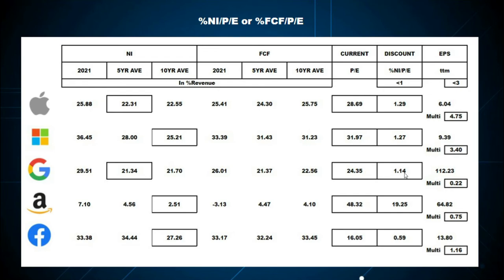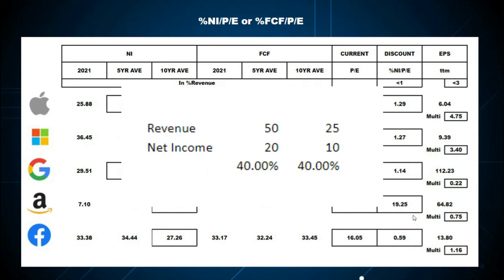I wouldn't say Apple and Microsoft are trading at fair values because 1.2 times is overvalued already, let alone the 19.25x of Amazon. Now, I want you to remember that my second metric does not account for the values of the revenue. If the company reports a loss in revenue, say the sales drop 50%, obviously the values of the net income or free cash flow would drop 50% as well.